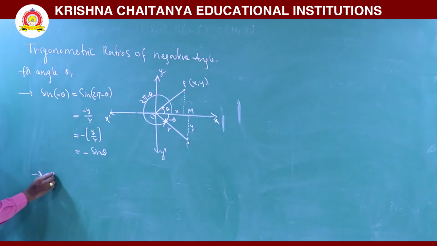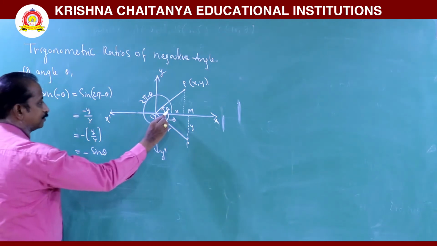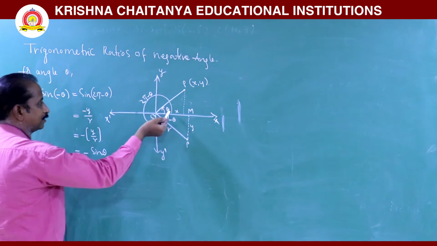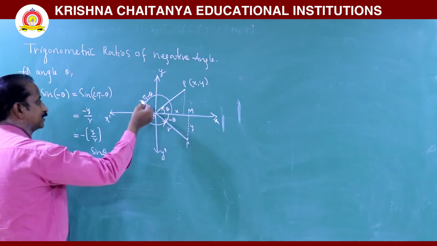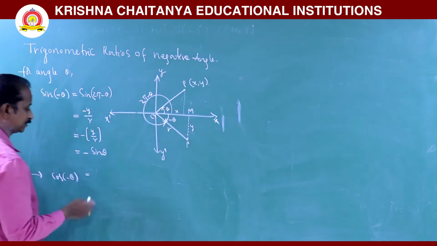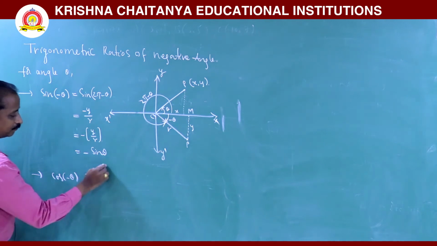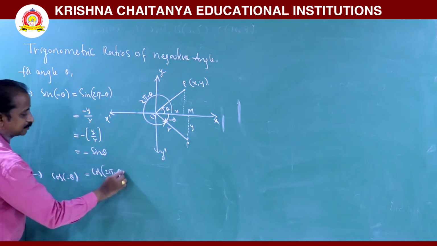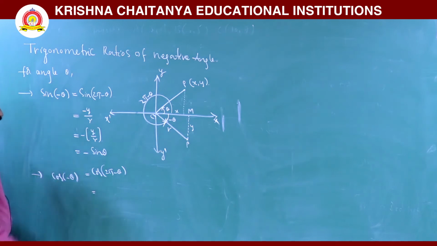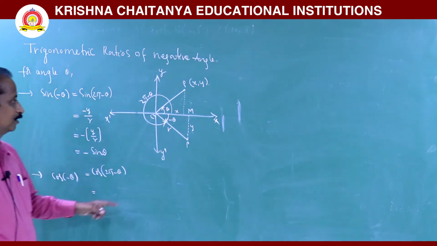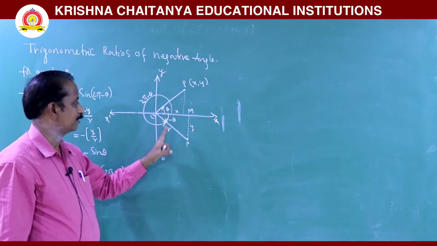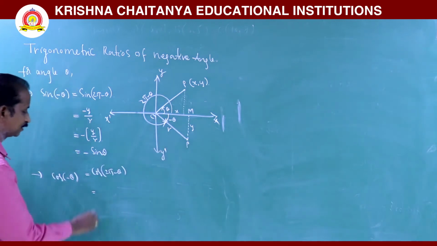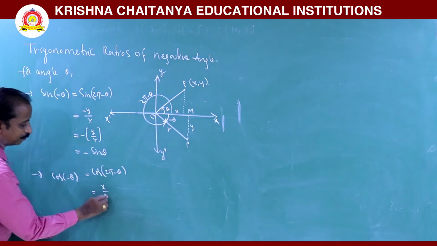In similar manner we can find out cos minus theta. Cos of minus theta, it is in clockwise direction, but in anti-clockwise direction it is nothing but 2 pi minus theta. So cos of 2 pi minus theta. Cos theta is nothing but adjacent side by hypotenuse, means x by r.